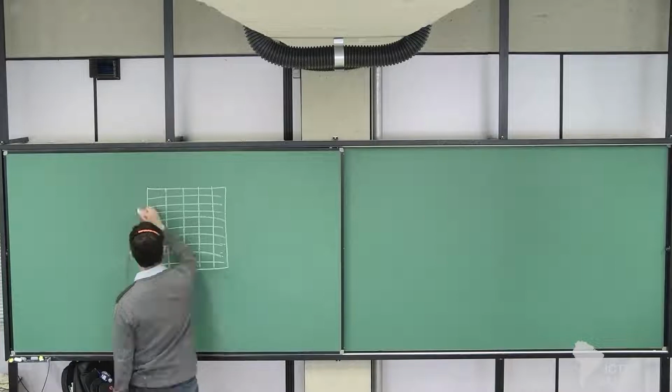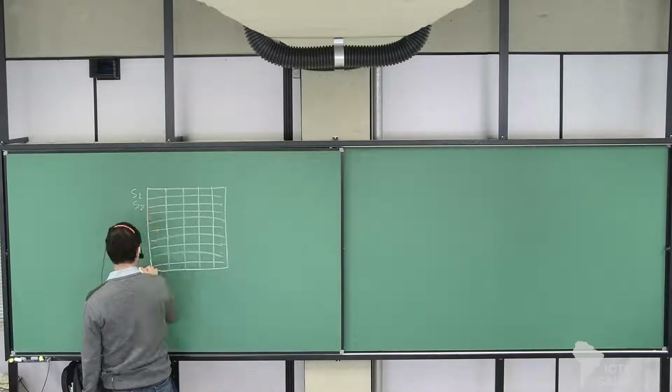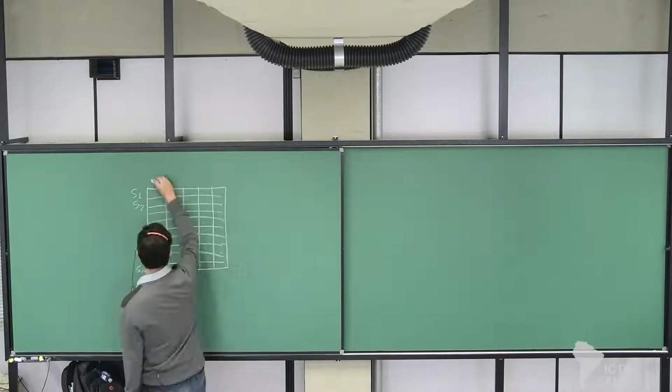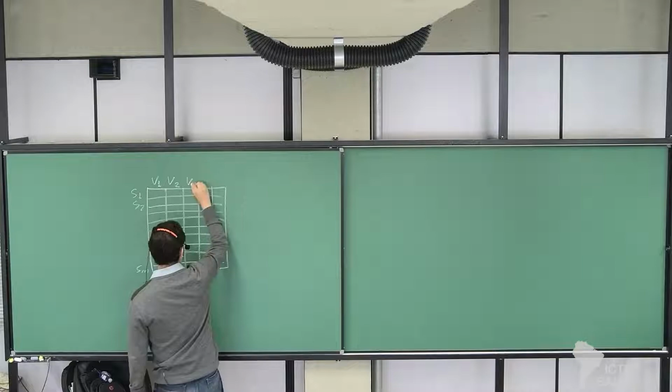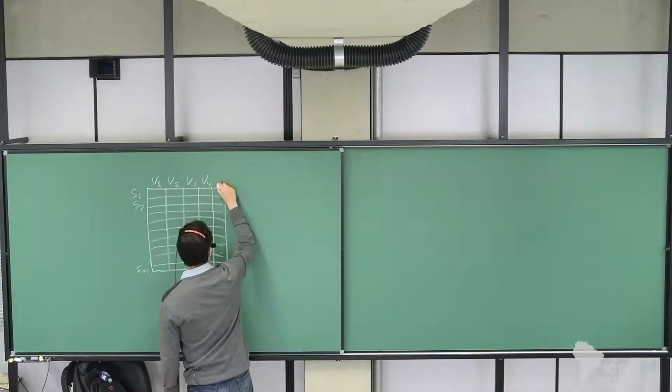This is sample 1, sample 2, sample n, and this is variable 1, variable 2, variable 3, variable 4, and the target.